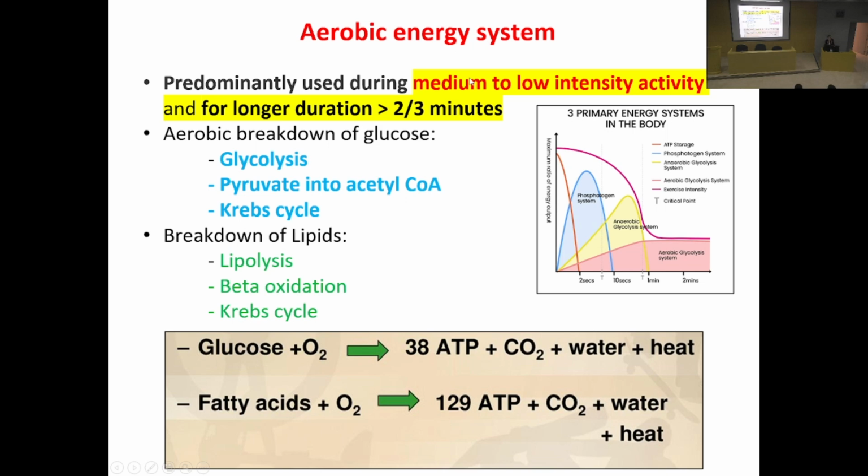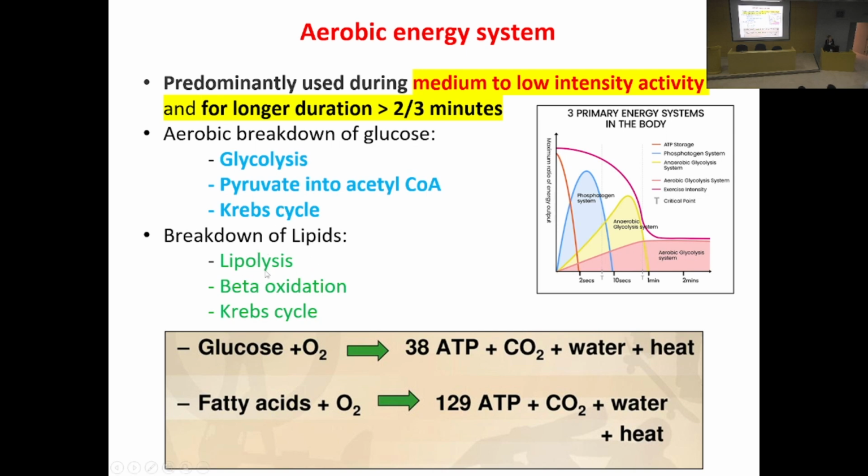This one is for medium to low intensity activity. It is the one which lasts more than 2 to 3 minutes of exercise, and in which we're going to have glycolysis breakdown. We're going to have conversion of your pyruvate into acetyl-CoA, and this acetyl-CoA will enter the Krebs cycle and generate your ATP.